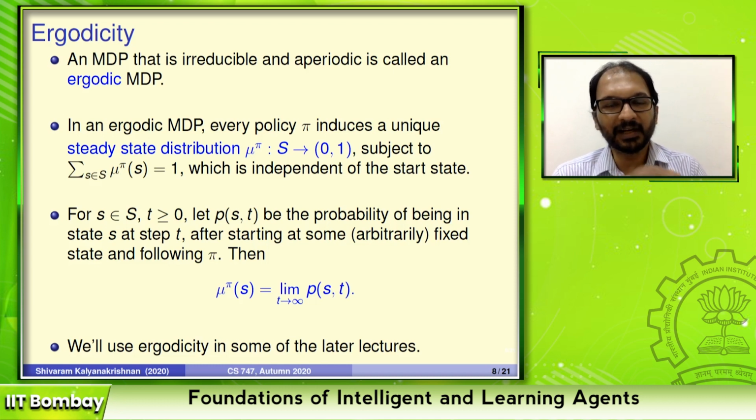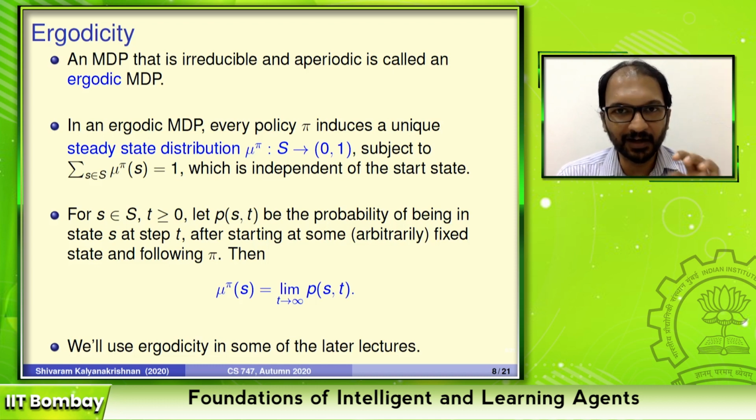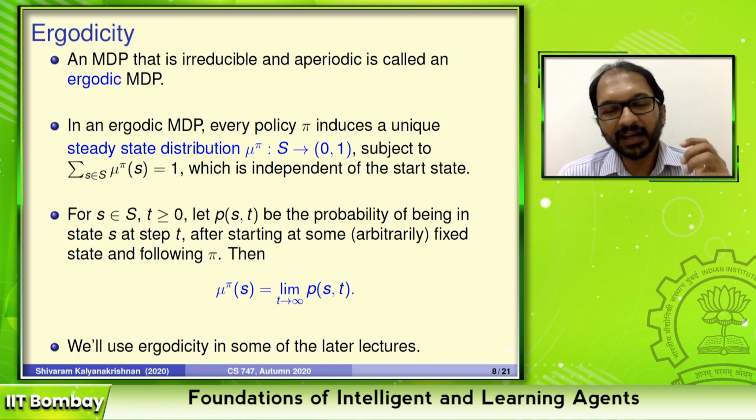We formally defined the problems of prediction and control and said, well, we have the constraint of having to do this in the learning setting. You have to interact with the MDP and figure out what its value function is or what is the right way to take actions. And that you cannot really expect to do if you go from one state to another, you'll never come back. So irreducibility gives us the guarantee that you will visit every state infinitely often.